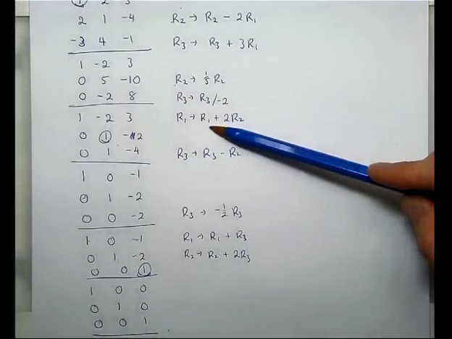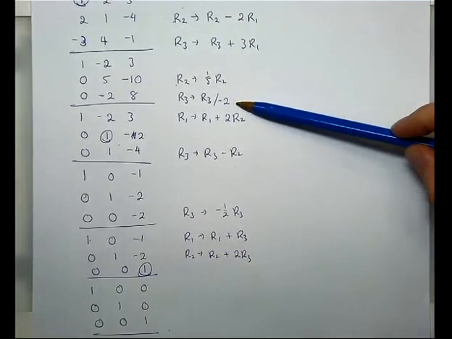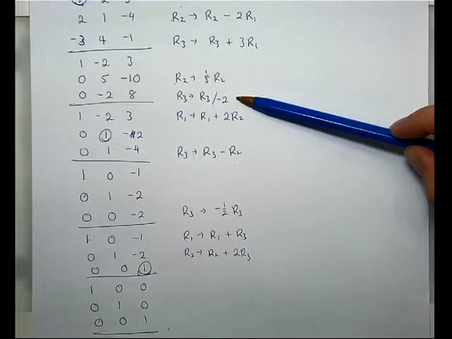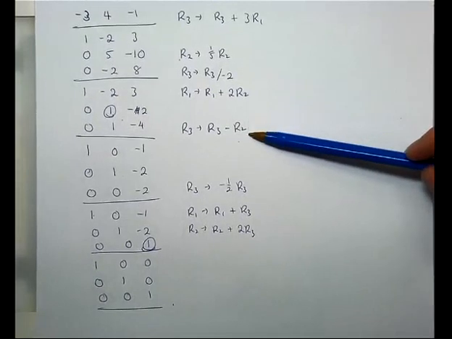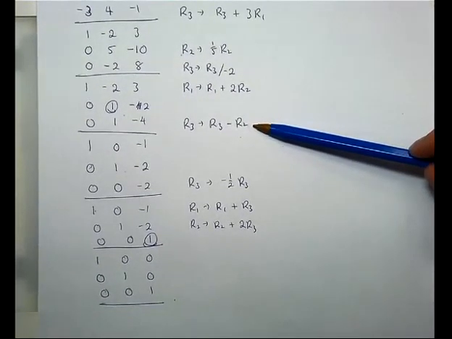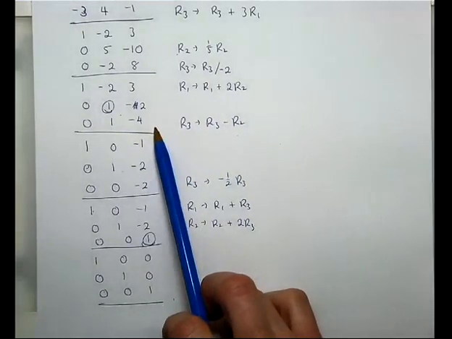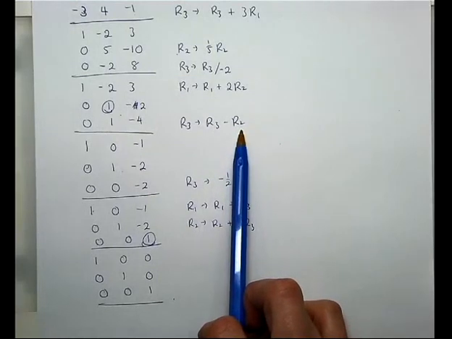So that's row 1 goes to row 1 plus 2 row 2s. And what's the one above it? Row 3 goes to row 3 divided by minus 2. And these ones as well? The little subscripts, yeah, okay. So that's row 3, because I'm doing it on row 3. Row 3 goes to row 3 minus row 2.